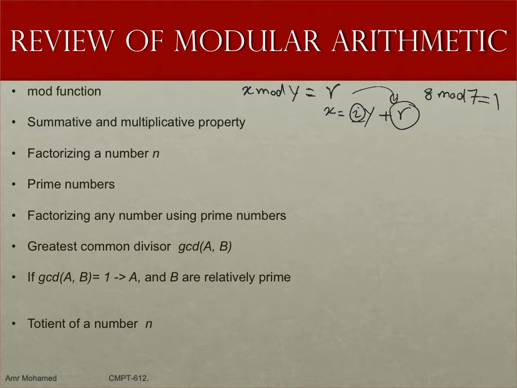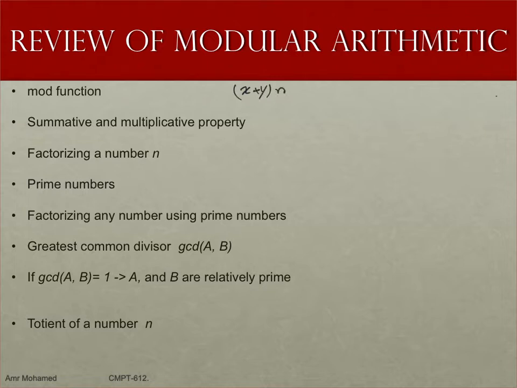And now the more important is the properties when it comes to this mod function, the summative and the multiplicative properties, which are very, very important. So we know that (x plus y) mod n is equal to (x mod n plus y mod n).